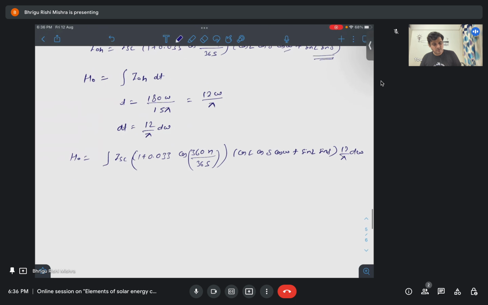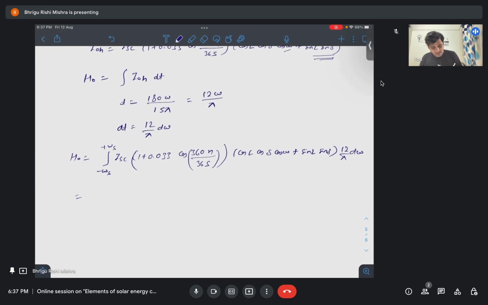Since it is in terms of omega, the integration will be from sunrise hour angle to sunset hour angle, which is minus omega s to plus omega s.